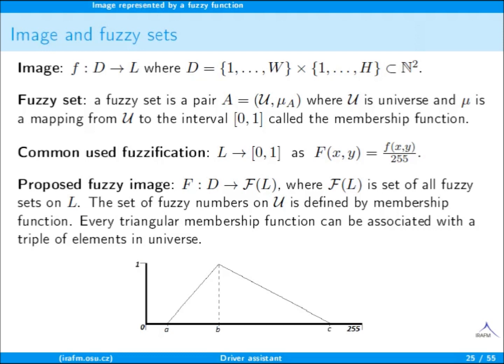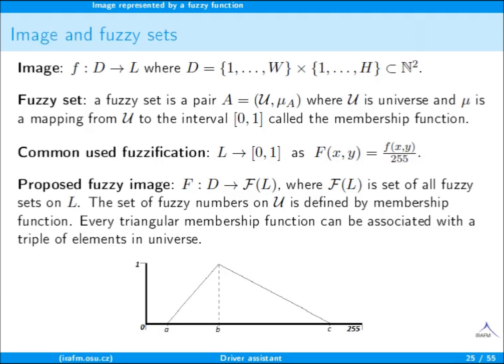The commonly used fuzzification of the image lies in using the interval of 0 to 1 as the function range. The value is assigned by taking a real number instead of an integer. In my opinion, this naive approach is wrong because it only rescales the range and doesn't bring any new information. We propose our own image fuzzification.